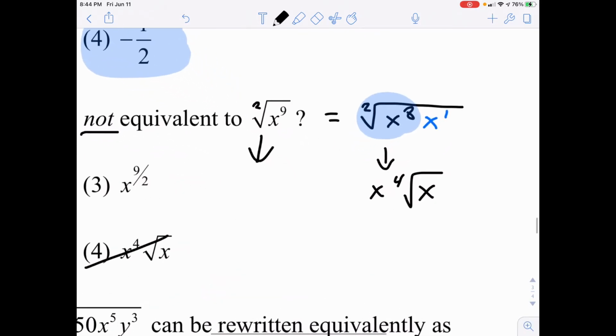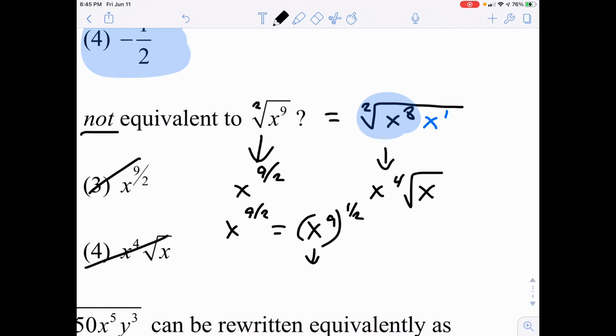Well, the square root of x to the 9th power can also be written as x to the 9/2 power, where 9 is the power, 2 is the root, 9/2. So again, I can cross that off because we're looking for what it's not equivalent to. Well, x to the 9/2 power could be rewritten two ways. It could be written as x to the 9th power to the 1/2 power, which in this case would be the square root of x to the 9th, which is what we have right here.